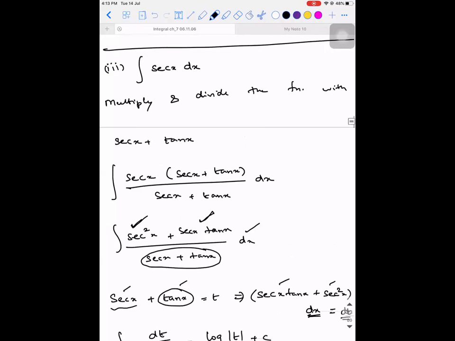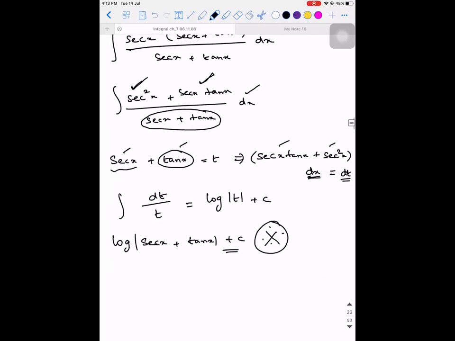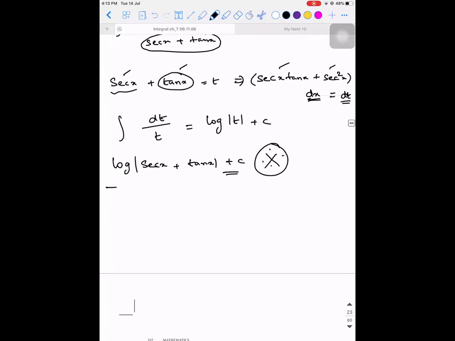So if you're done with this, the next formula that you're going to see is for the integral of cosecant x dx. Again you don't have the formula for cosecant. For example, what are the counterparts of secant square?